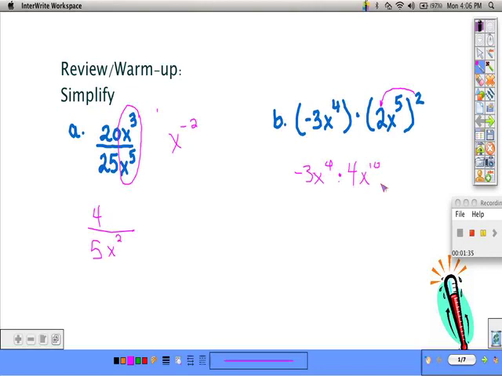Exponent to an exponent, we multiply. Now we deal with the regular numbers like regular numbers. Negative 12 x to the 14th. This idea of squaring everything in the parentheses is a place that people commonly make the mistake and forget about the coefficient.